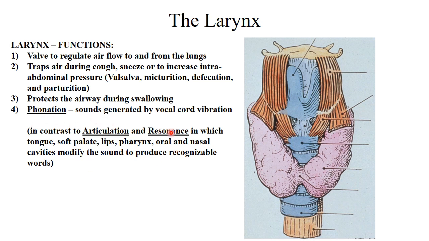All these things have to work together to produce recognizable speech. We need phonation, articulation, and resonance. I'm not going to deal much with this stuff right here. Just understand that the purpose of the vocal cords is to vibrate at a particular pitch for the first component of speech, which is phonation.